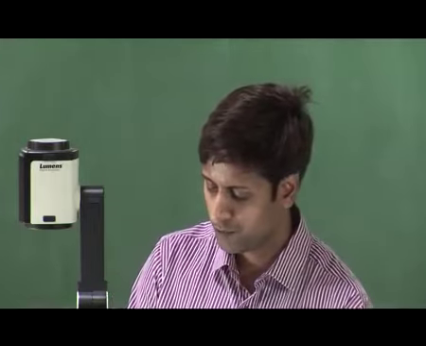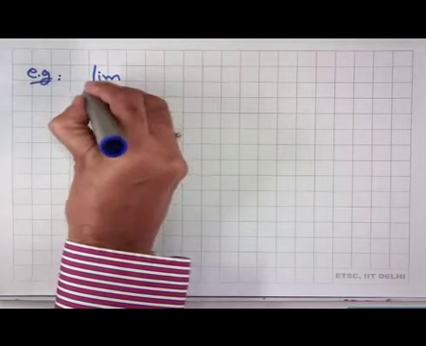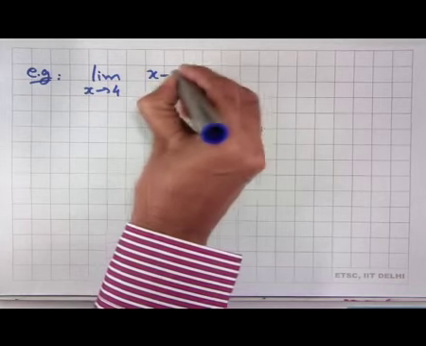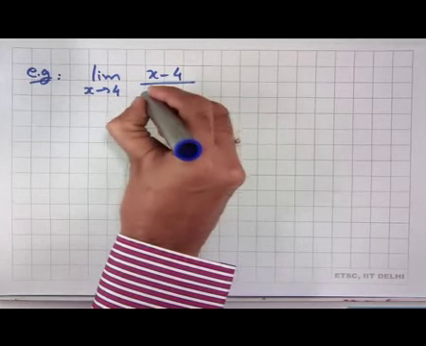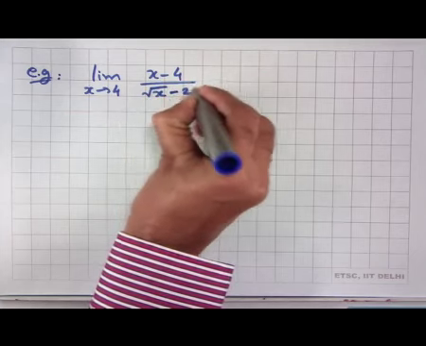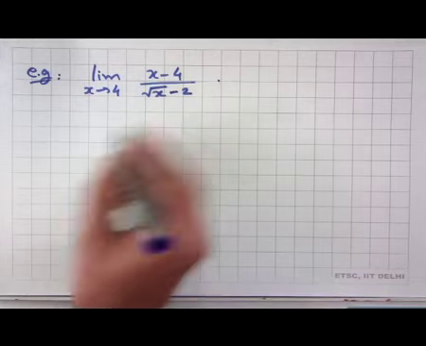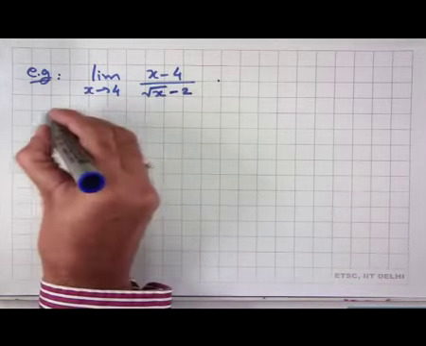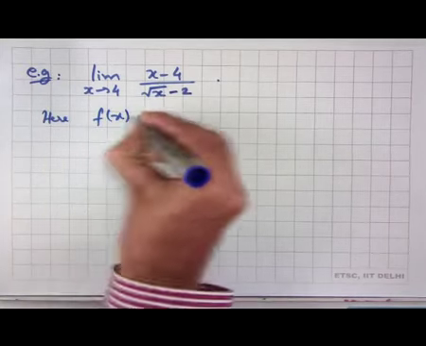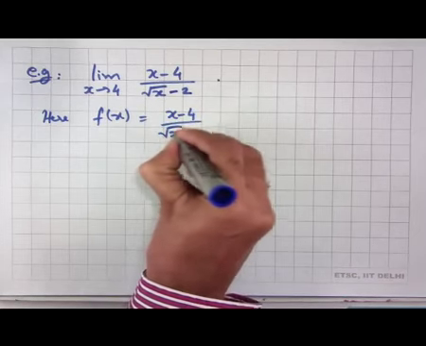Let us do one more example. What is the limit as x approaches 4 of x minus 4 divided by square root x minus 2? Here we have this function f of x equal to x minus 4 divided by square root x minus 2.